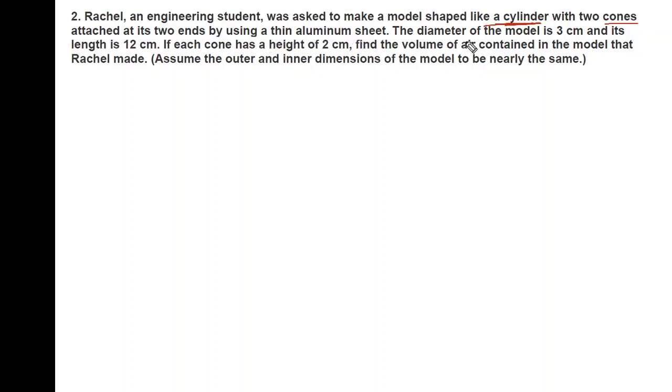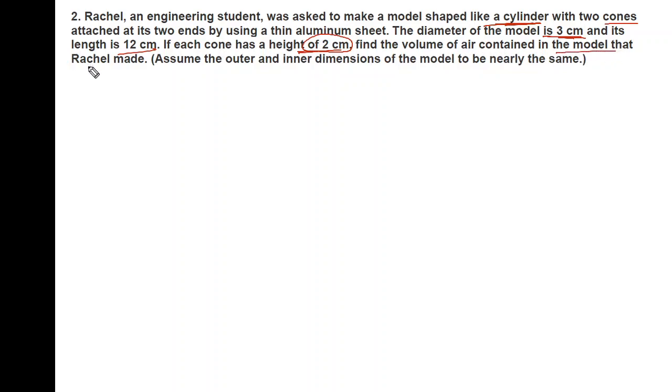The diameter of the model is 3 cm and its length is 12 cm. Each cone has a height of 2 cm. Find the volume of the air contained in the model that Rachel made.